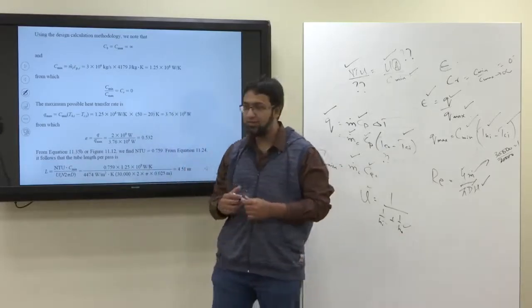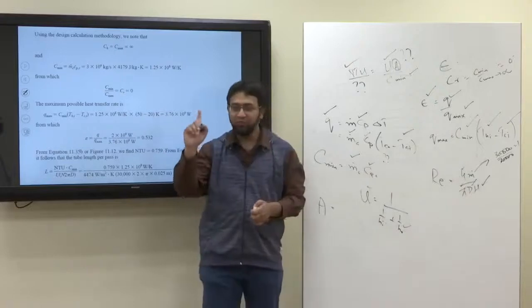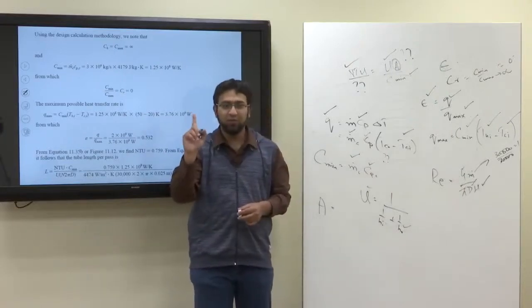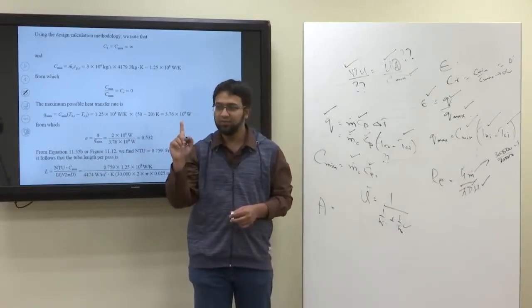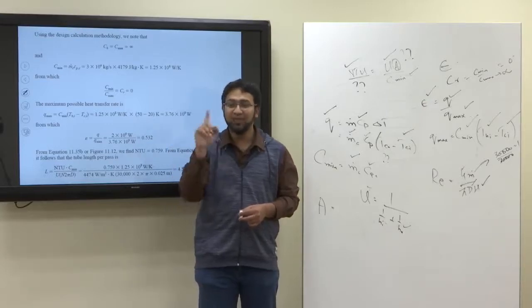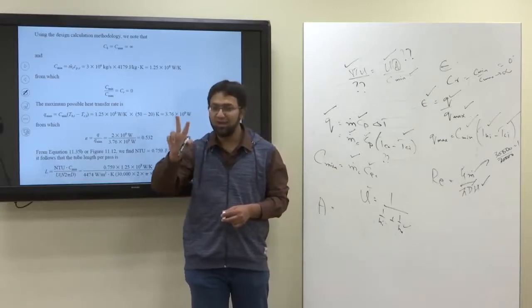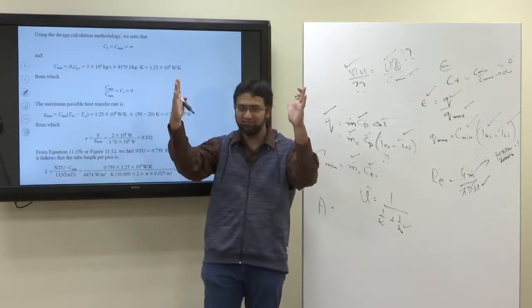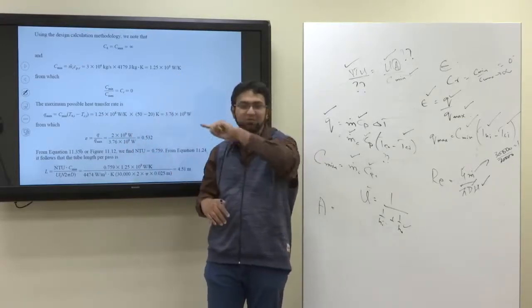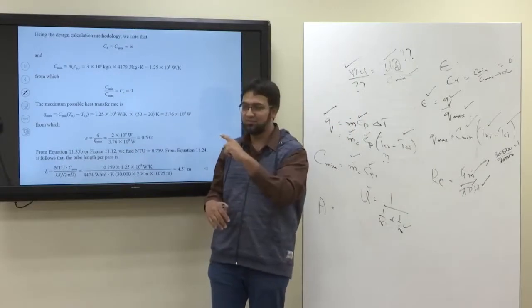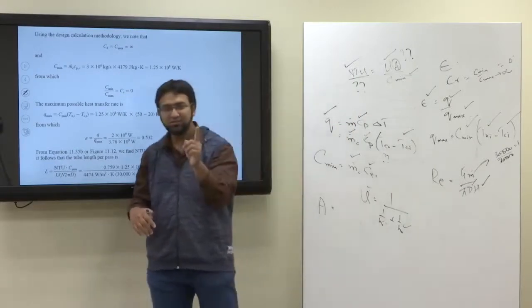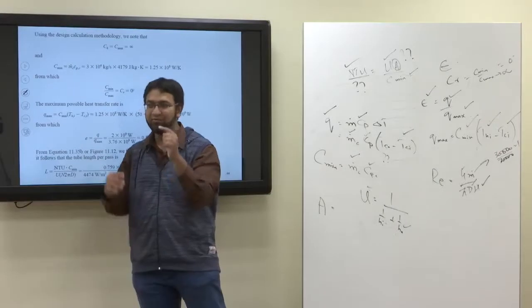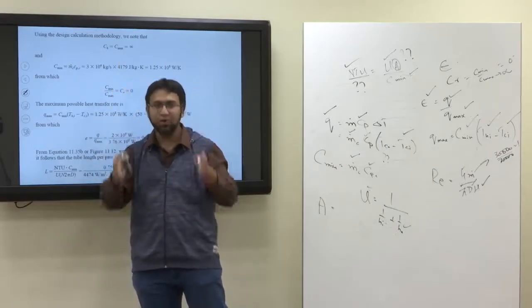Pi D L. But for one pipe, it will not be pi D L, because one pipe length is not L. One pipe length is 2L, because we defined L as just one pass length. So one pipe is making 2 passes. So for one pipe, the total length is 2L, where we define L as one pass.